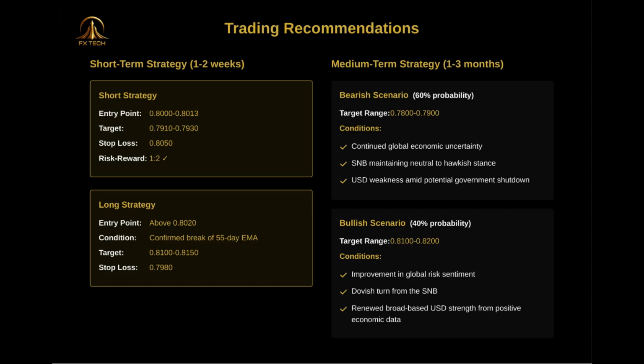For short-term traders, we have two potential strategies. The short strategy involves entering at 0.8000 to 0.8013, targeting 0.7910 to 0.7930, with a stop loss at 0.8050, offering a favorable 1-to-2 risk-reward ratio.